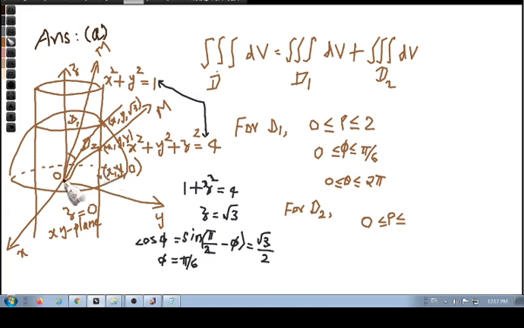Now if this ray M makes an angle phi with the positive z axis, then the other angle, namely this angle, will be pi by 2 minus phi. Again, as we did earlier, sin pi by 2 minus phi is opposite side, which is now z, divided by this distance.